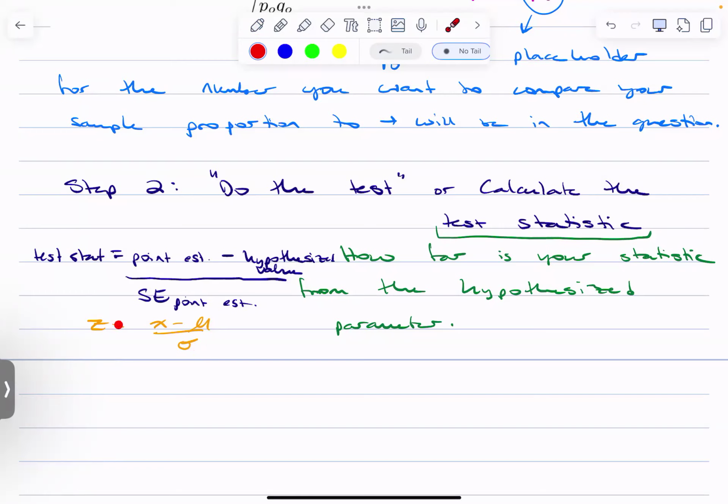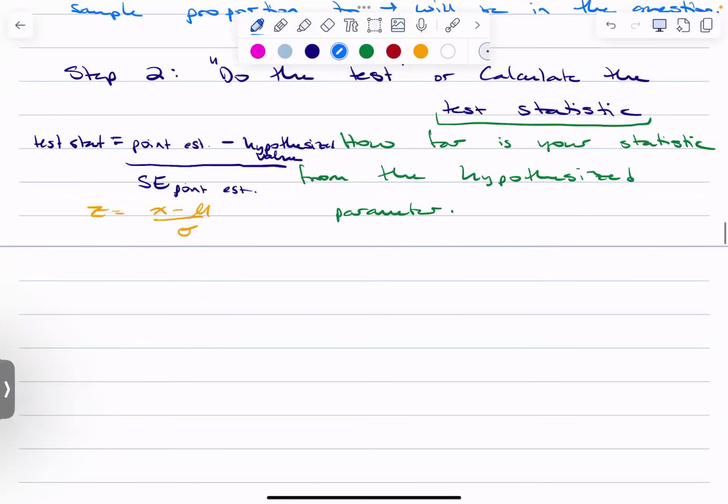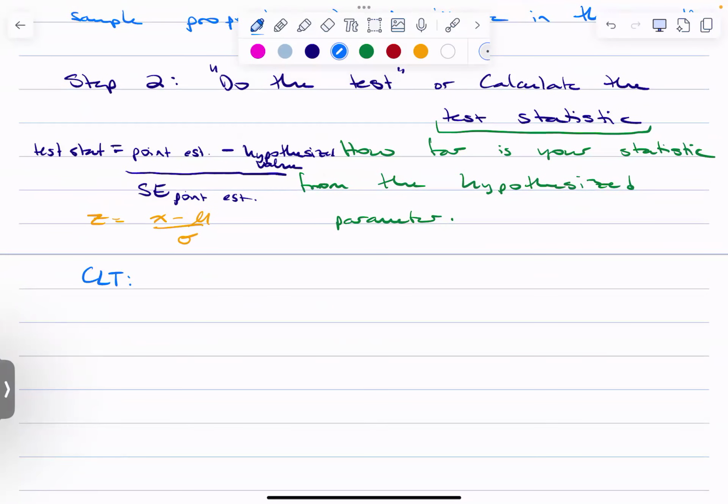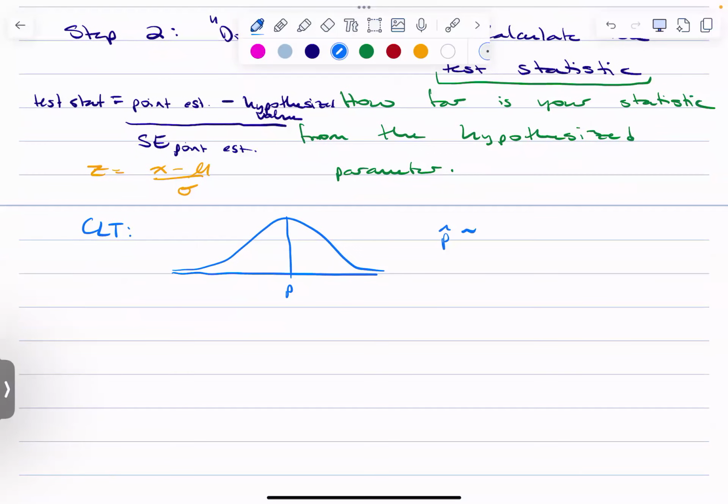We're going to branch out a little bit, but from the central limit theorem, we saw that p hat follows a normal distribution centered on p with a standard error of the square root of pq over n. If we don't know p, because we don't, then, as in the confidence interval, we just replace it with p hats.